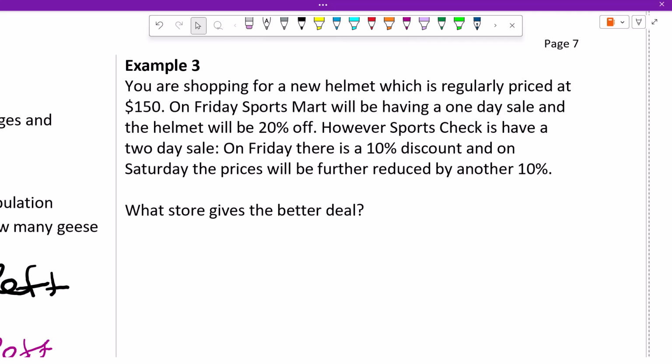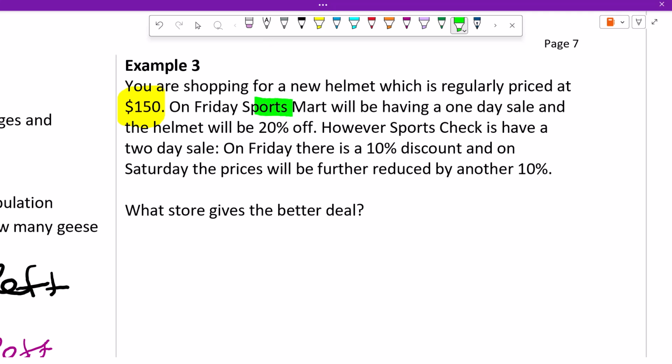So you're looking to buy a helmet. The regular price of the helmet is $150. Okay? Then it says these are the two deals.